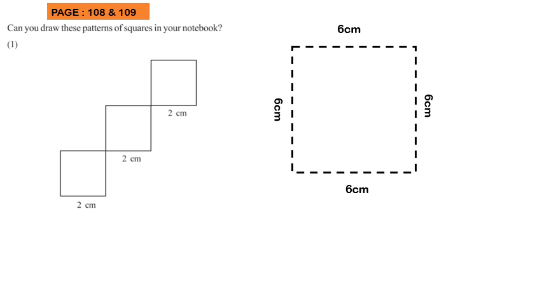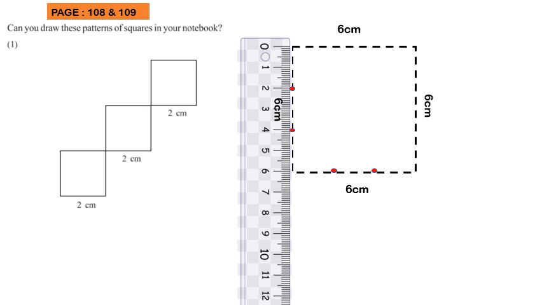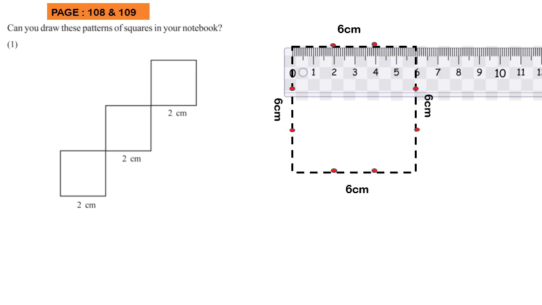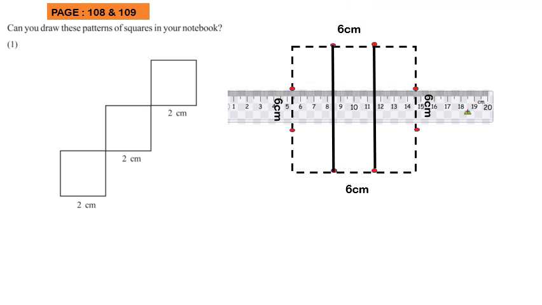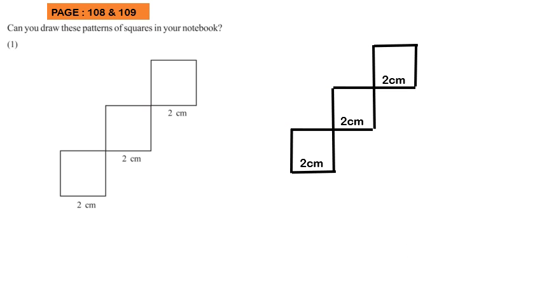You can use any of the above methods to draw this square. Then mark the points on each side 2 centimeters apart like this. Then use your ruler and draw lines horizontally and vertically. Then erase the unwanted parts. We get the required pattern.